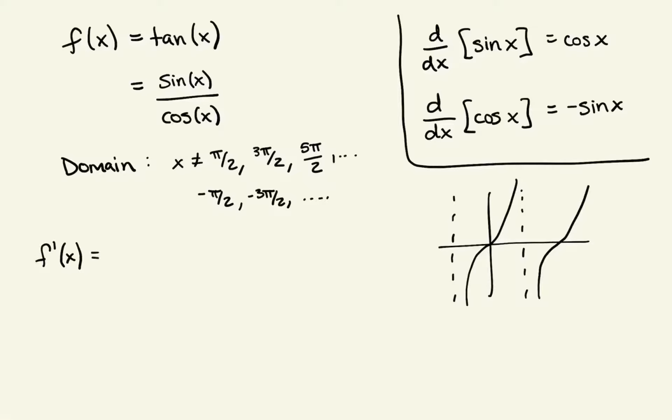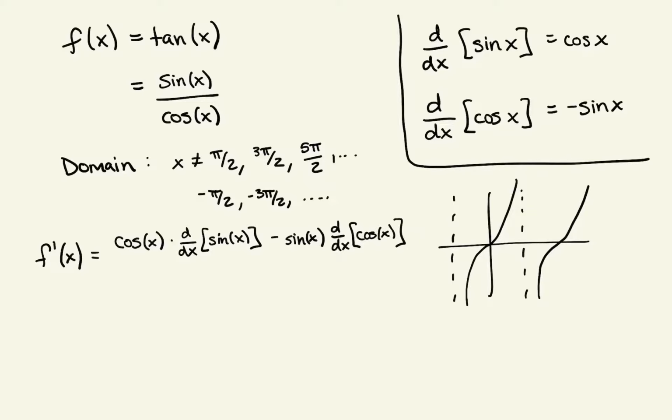So using the quotient rule, we have cosine x, the denominator, right, times the derivative of the numerator. So times the derivative of sine x. And then we'll subtract the numerator, sine x, times the derivative of the denominator, cosine x.